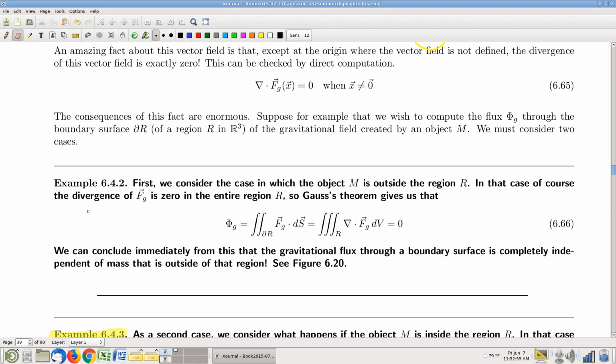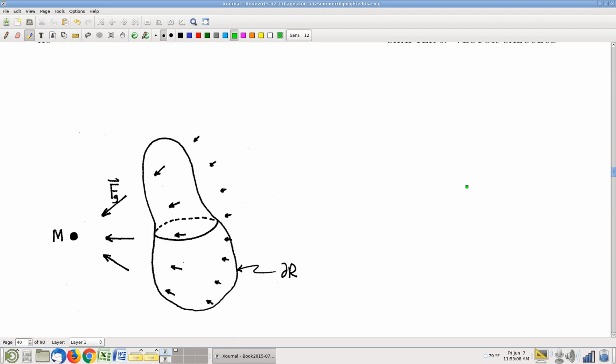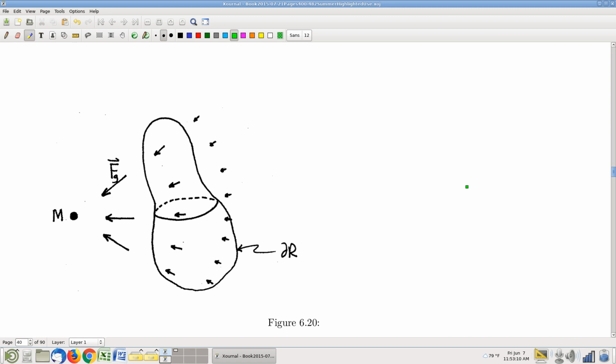So let me start off with this question here. We're going to have an object, massive object M, that's sitting outside of a region R. Right, so here's our picture. Here's that mass M. That mass creates a gravitational field.